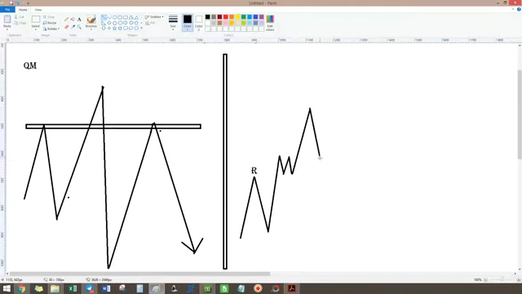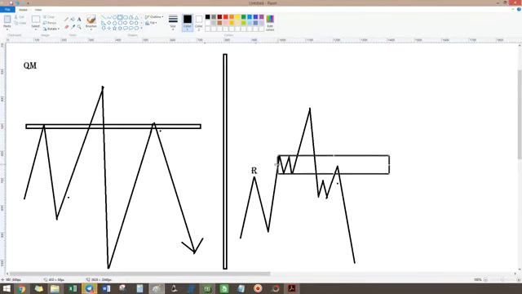And then it goes down like this. It does like this again, like this again. And then it retests here, and then you go down. Okay, which one is more simple for you?